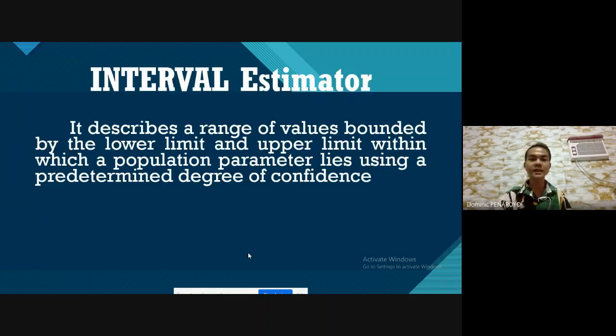All right, so let's have an activity. For example, you need to guess the age of Father Principal. You need to guess the age of Father Principal in a range, where you have a lower limit and an upper limit.